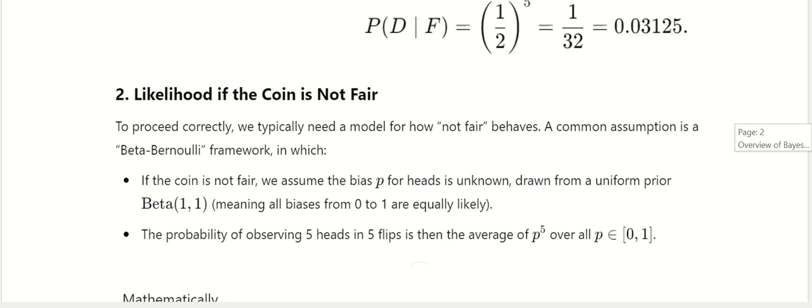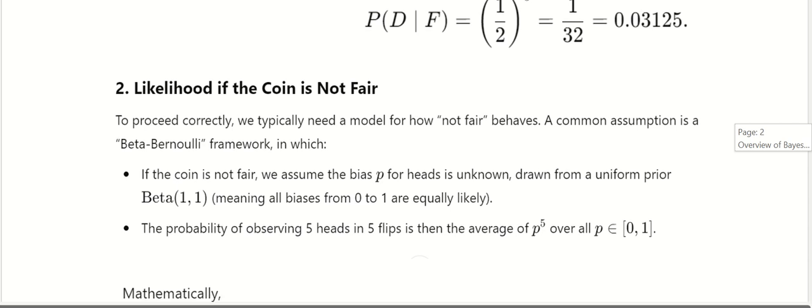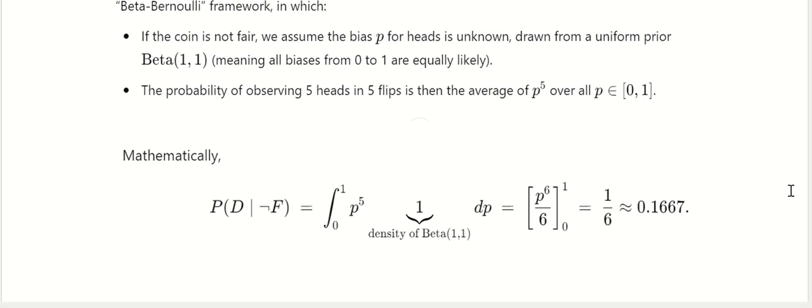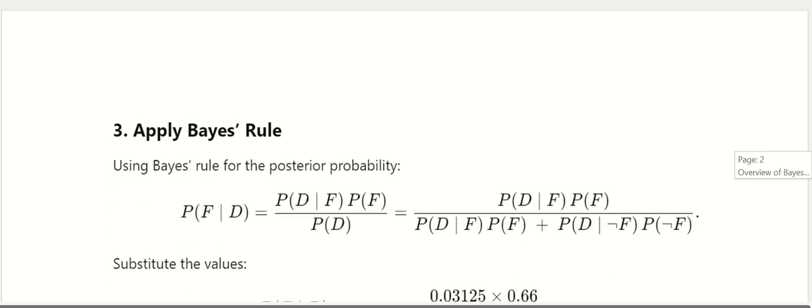It could be any value from 0 to 1. So mathematically, the probability of the data, the experiment, given that the coin is not fair, is equal to the integral from 0 to 1 of p to the power 5 dp. The result is p to the power 6 over 6 from 0 to 1, and after substitution we have 1 over 6.